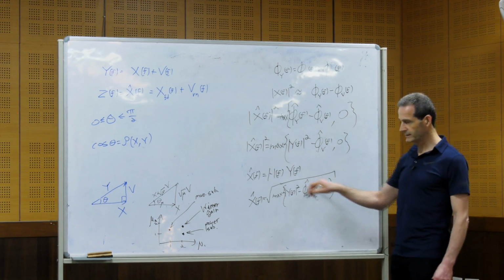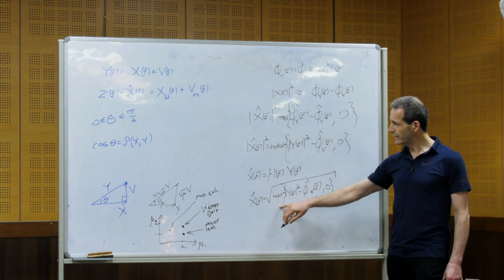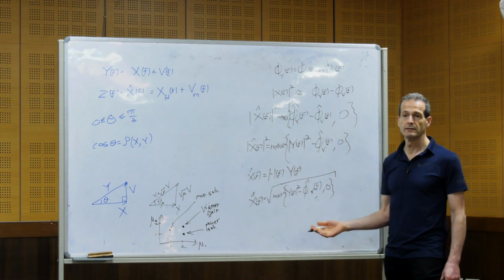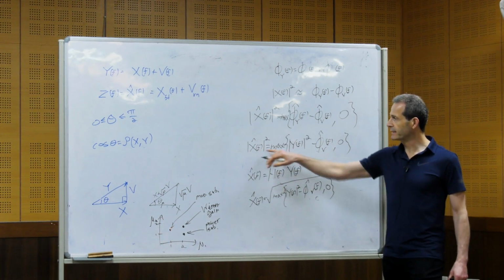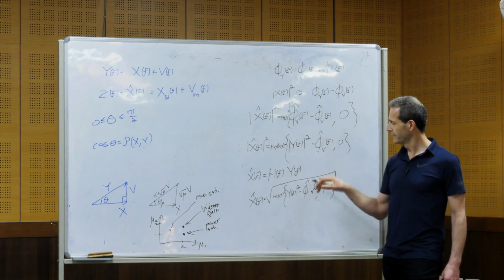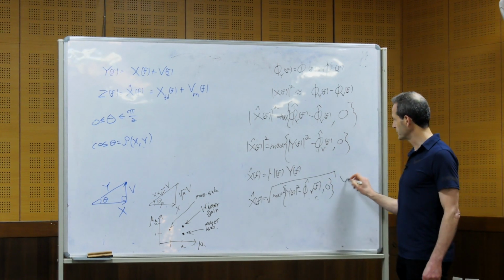Okay, this is the magnitude. Now I will take the phase of y, because I estimate the magnitude, and I take the phase of y, so it looks like this.